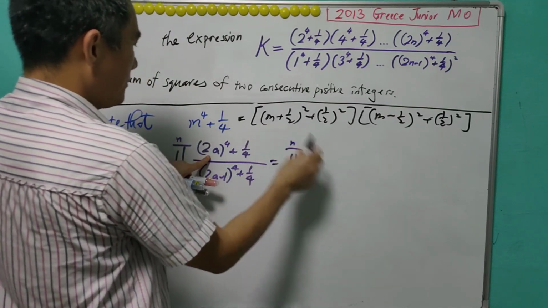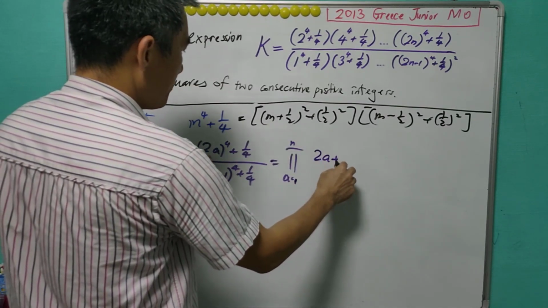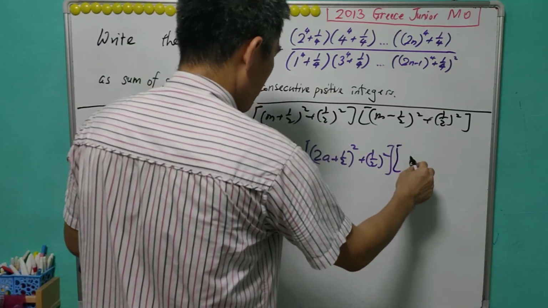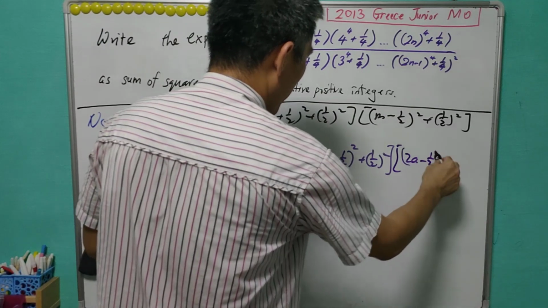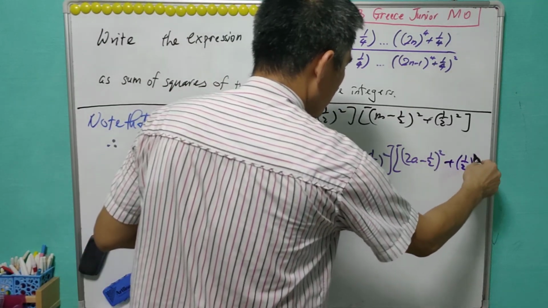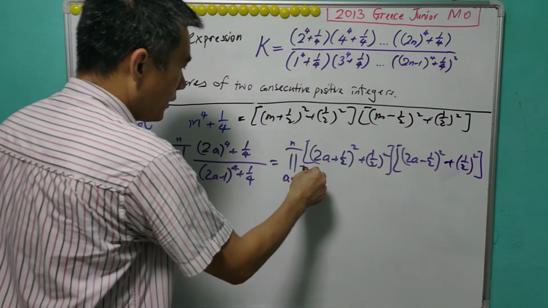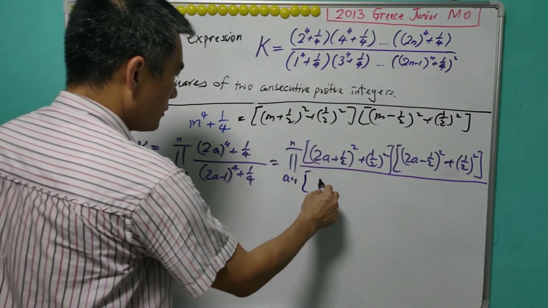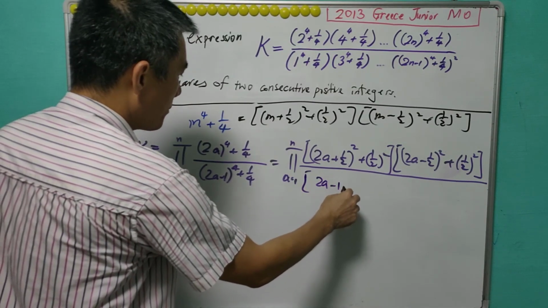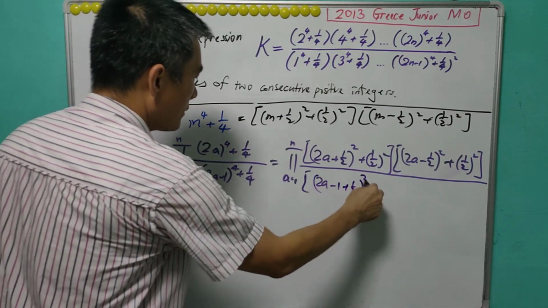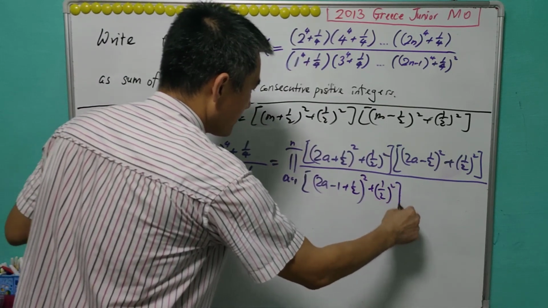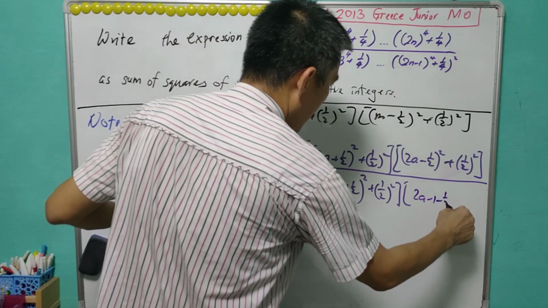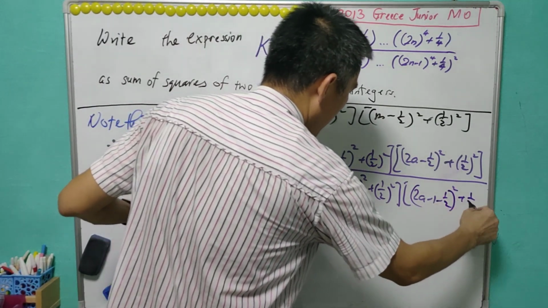That is, for the numerator, this is (2a plus half) squared plus half squared, times (2a minus half) squared plus half squared, and over, for the denominator, it is (2a minus 1 plus half) squared plus half squared, times (2a minus 1 minus half) squared plus half squared.